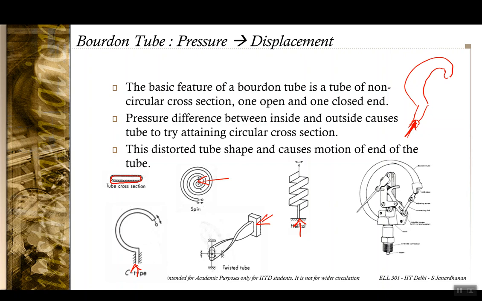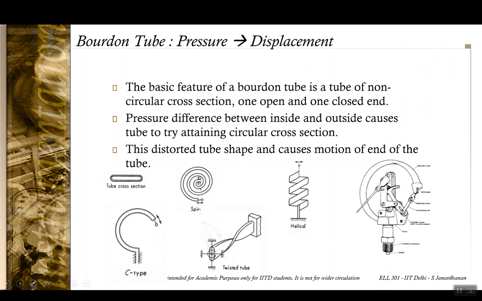Basically the operating principle is that there is a pressure difference. If you apply a higher or lower pressure than the atmospheric pressure, there is a pressure difference between the inside and outside of the tube, and that causes the Bourdon tube to try and equalize the pressure across its cross section by attaining a more circular cross section.